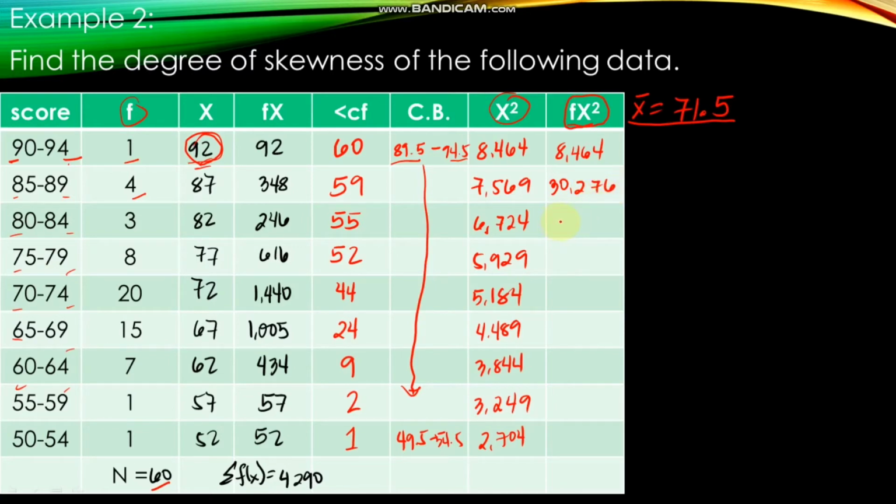Next, 6,724 times 3, that is 20,172. And this one, that is 47,432.